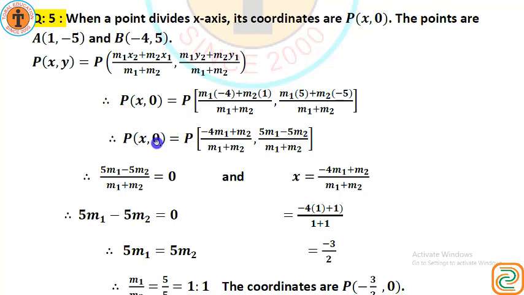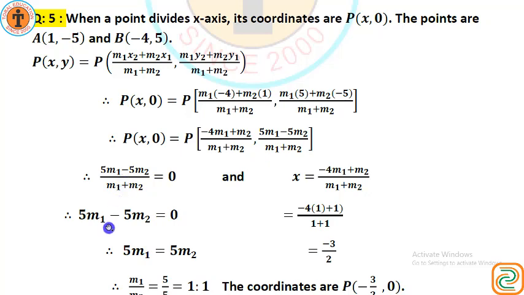So we take 0 here as this. So (5m1 minus 5m2) upon (m1 plus m2) equals 0, because this is 0. We want to find the ratio, therefore we compare this 0 with the y coordinate.